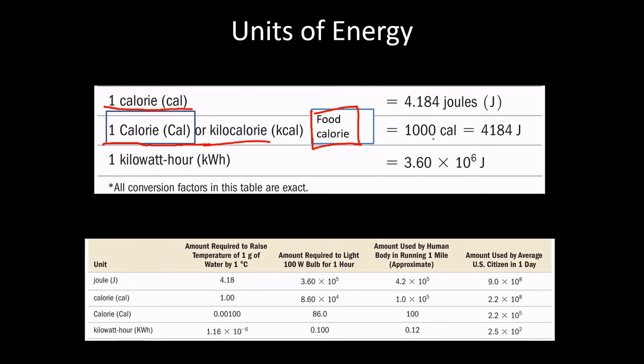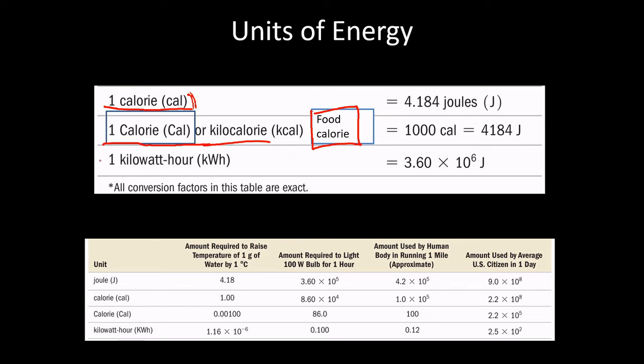So a lowercase c calorie is 1,000th of a food calorie, and a lowercase c calorie is also 4.184 joules worth of energy. So a calorie, even this smaller version of the calorie, is still over 4 times as much energy as a joule. So the calories are a bit bigger than joules.